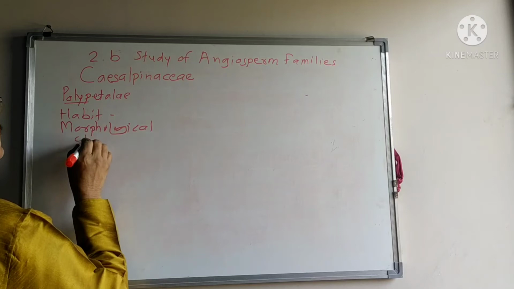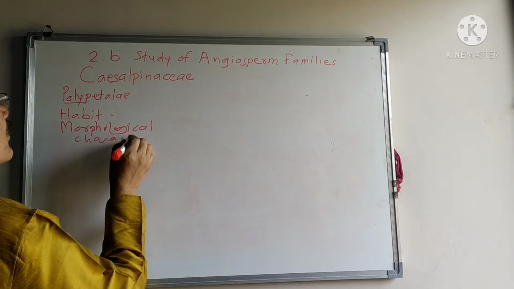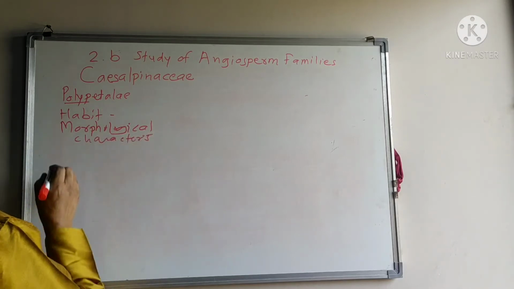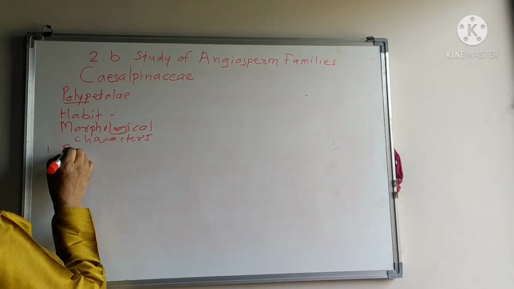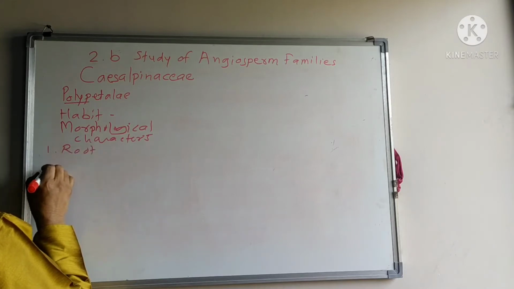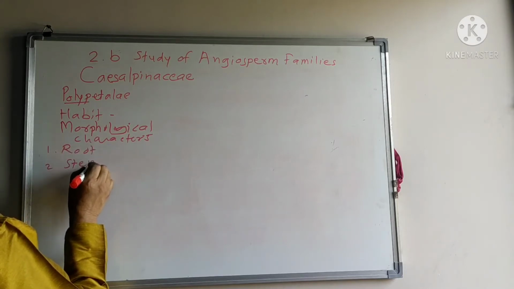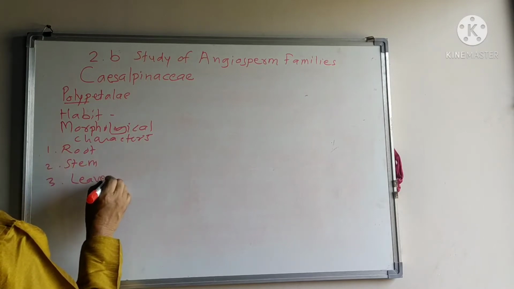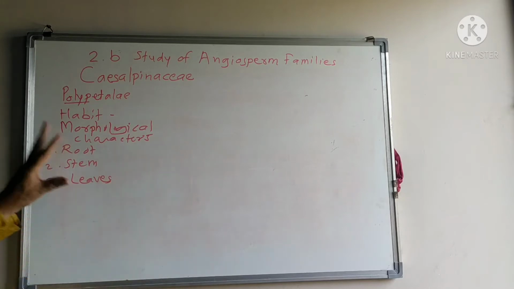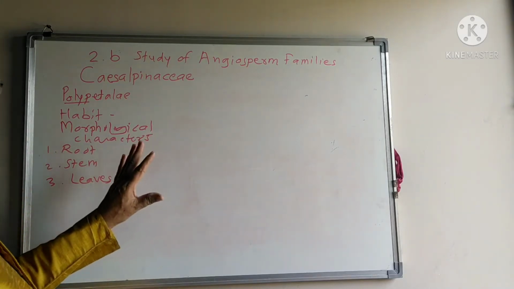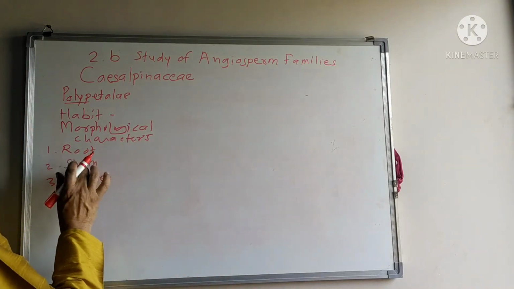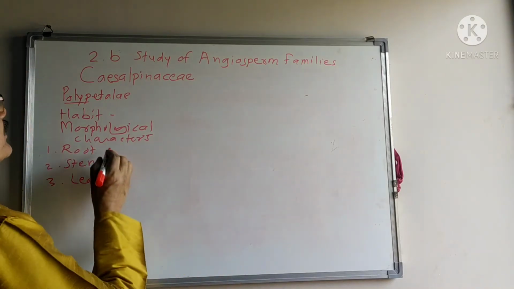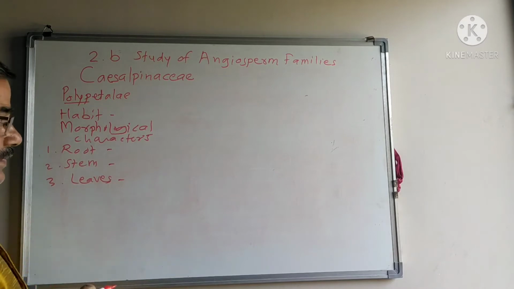The morphological characters consist of the root, second the stem, and third the leaves. While studying these families, these are the vegetative parts of the plant body.